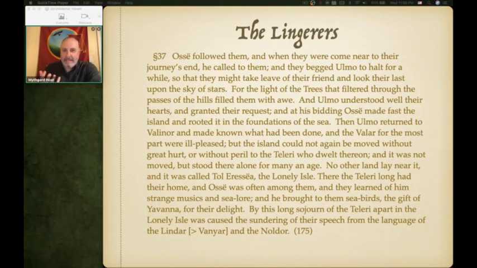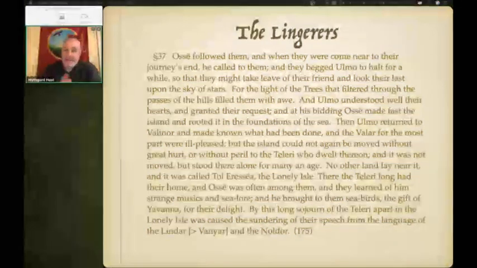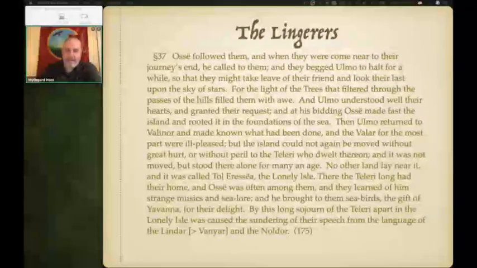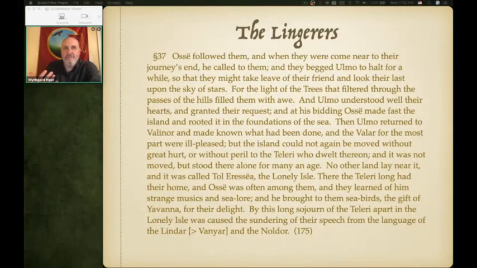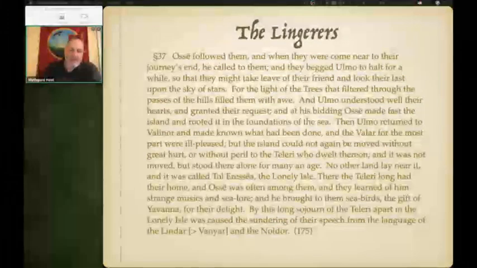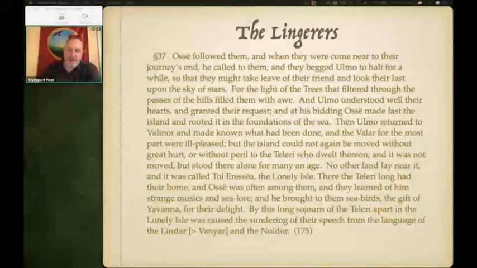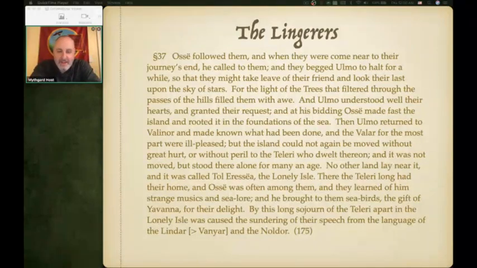There are so many deep mythic elements conveyed in this paragraph. They're really delightful. The grace of Yavanna, giving the gifts even though she's disappointed that they haven't come. There are all kinds of things here: strange lore, sea-lore and strange music. All kinds of really great stuff.